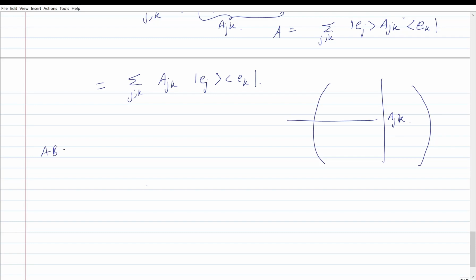Similarly, the matrix multiplication, how does it look like? Well, again, I'll have to insert the identity a multiple number of times.